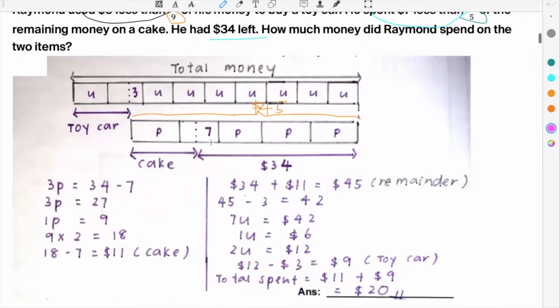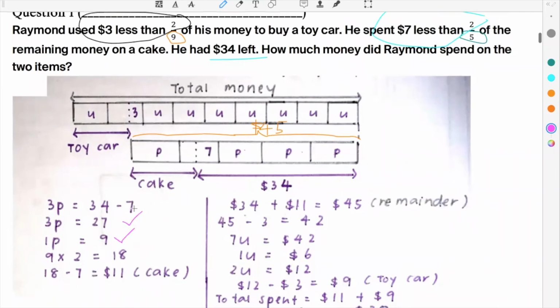So in order to find the value of 1 part, we have to find the value of these 3 parts first. That would be $34 minus $7, which is $27. So 3 parts is $27. One part would be 27 divided by 3, and that would be $9.